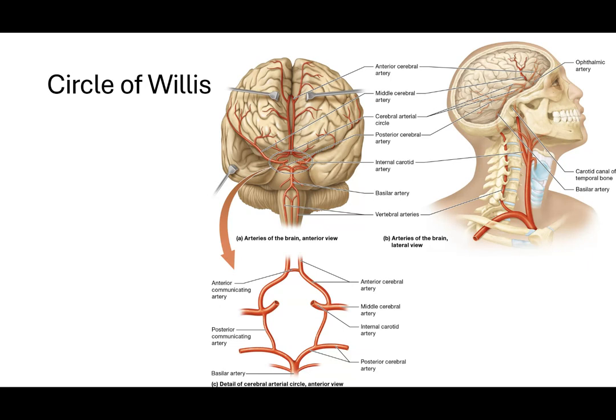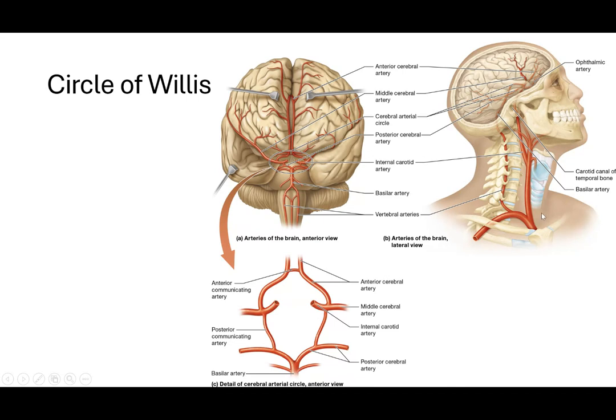There will always be a blood supply. Even if this artery is compromised, there's still going to be a route to get over here. You do not need to know the specific arteries of the circle of Willis. You just need to know that the basilar artery feeds it, as well as the internal carotid arteries, and it's the vertebral arteries that fuse together to create the basilar.